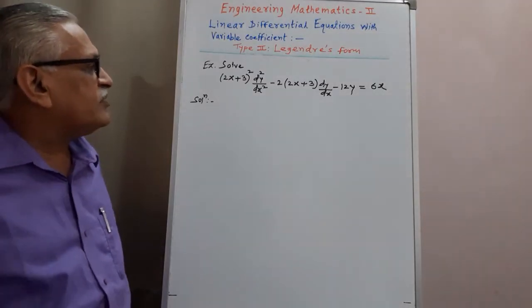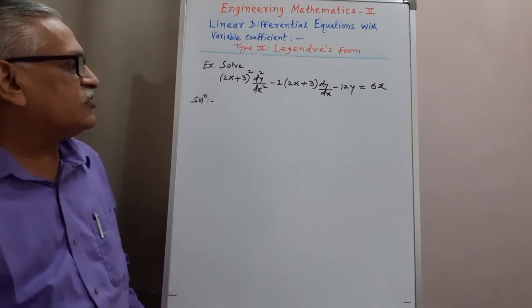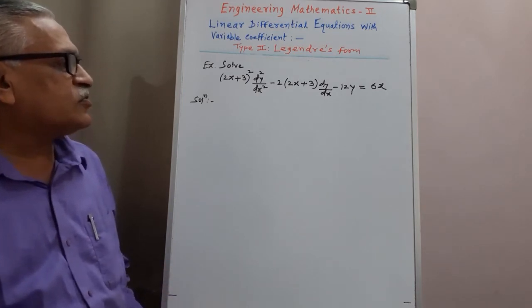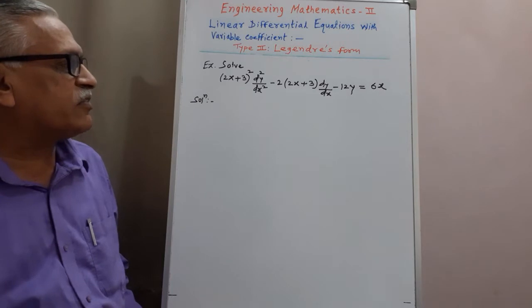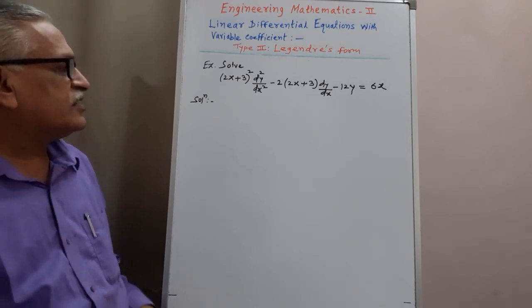Let us solve the problem. (2x+3)² d²y/dx² − 2(2x+3) dy/dx − 12y = 6x.